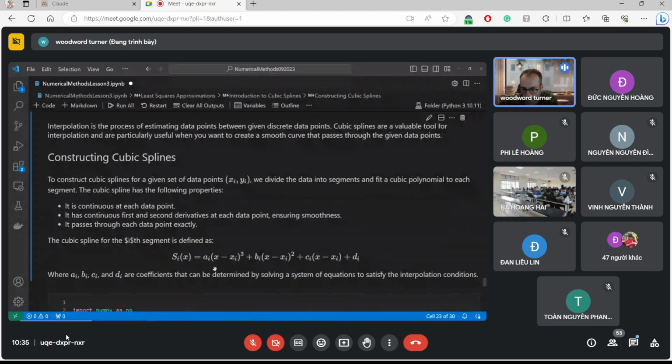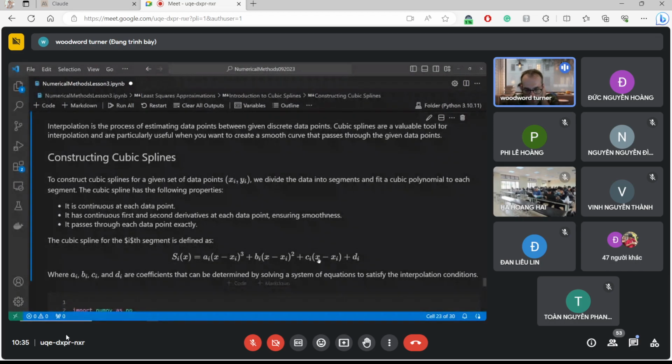And then also it relies on just x_i being fixed. So for each x_i, y_i, we get an S_i, right? So if there's x0, y0, x1, y1, all the way up to xn, yn, we'll get n of these cubic splines that we can use.